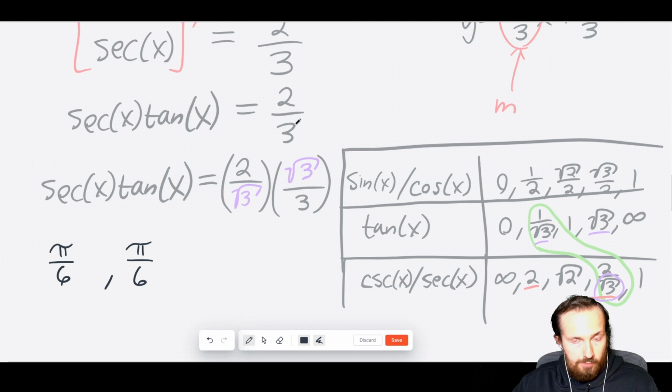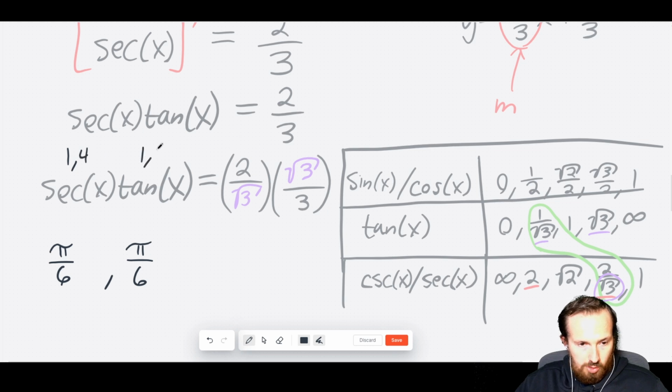So hopefully you can see this is way more complicated, but if you're very clever and a master with the unit circle, you could do it without a calculator. Now the other thing here is where else is secant? There are other values. If you think about it, this number needs to be a positive number. Cosine is positive in quadrant 1 and 4. Tangent is positive in quadrant 1 and 3. If they're both positive, like they are in quadrant 1, then this number will be positive.